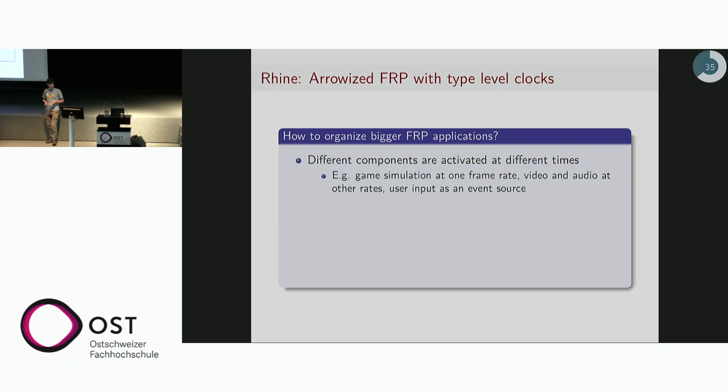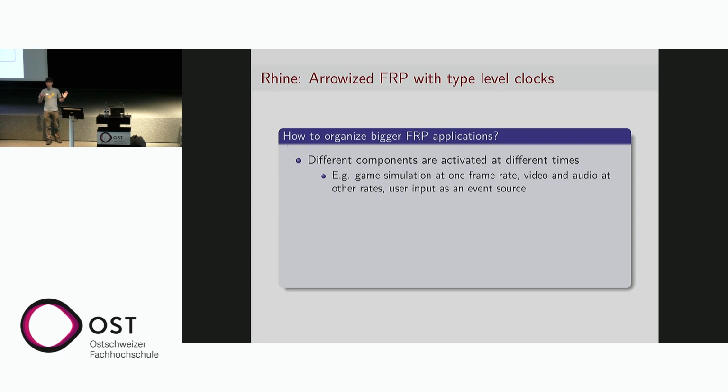A typical example would be you have a game, and then you have a video at 30 frames per second, 60 frames per second. You have audio much faster, or depending on how you produce audio, maybe also much slower because you just play sound files or something like that.